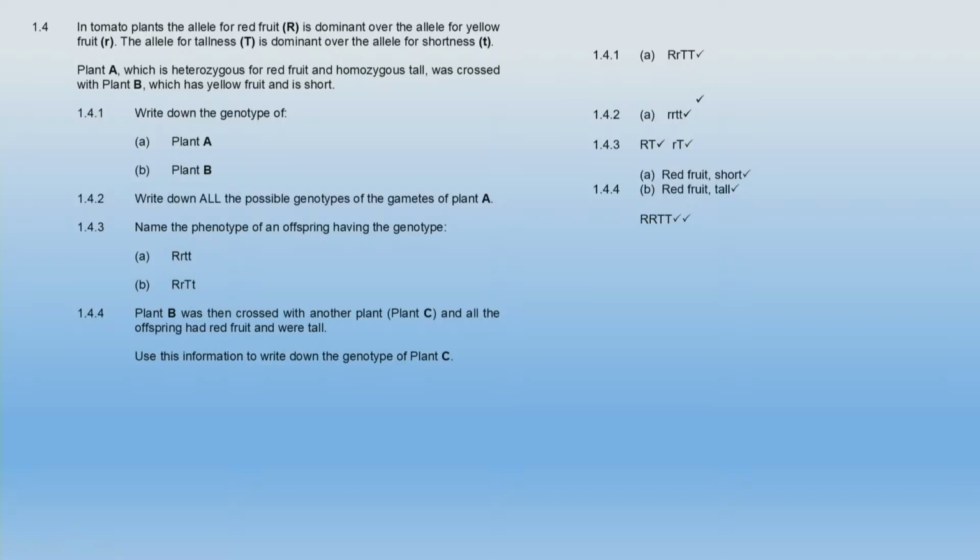What is the dominant color for fruit color? Then it's red. But when I ask for the allele, then they must allocate the single allele that is represented.